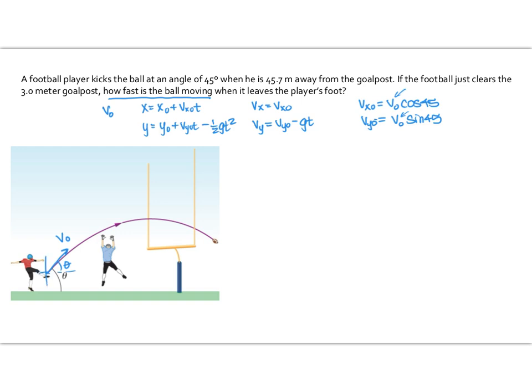We can also make the decision to let our initial position values be 0, and that's going to simplify everything. So I'm going to use these pieces of information that I have, and now I'm going to rewrite x and y as they apply for this particular problem.